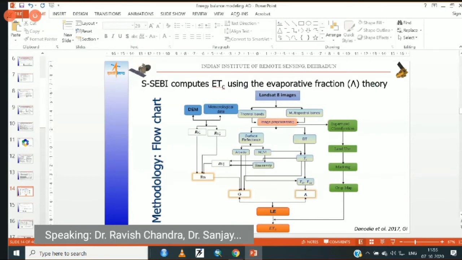From my side, the share is okay, the green signal is there. Yeah, the screen is also visible. Am I continuing with the same slides? Okay, sir. Now it's okay.